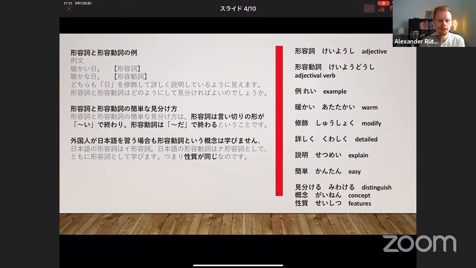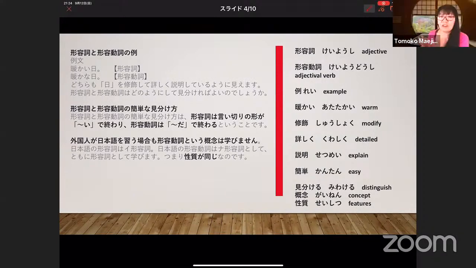日本語の形容動詞, 形容動詞. 詞 is verb. 形容動詞は、な形容詞として、共に. 共に is together.